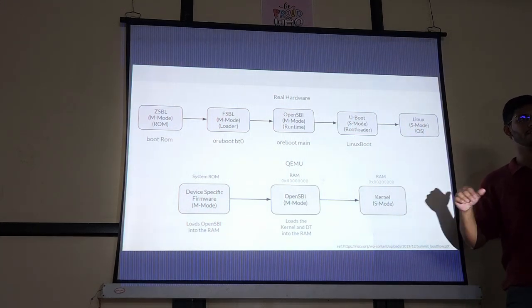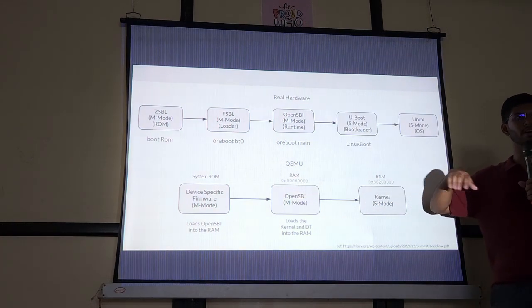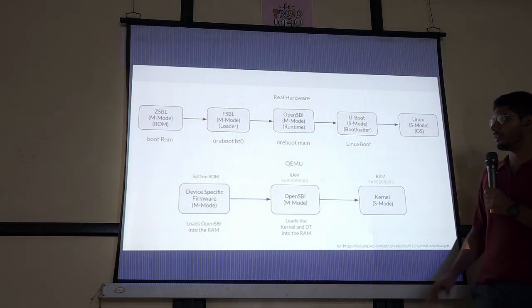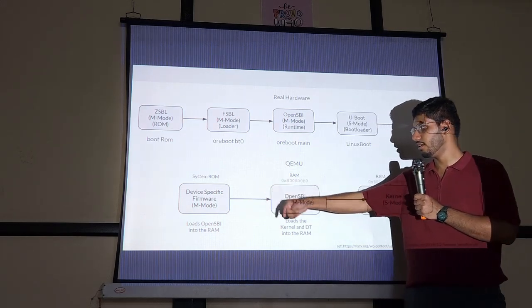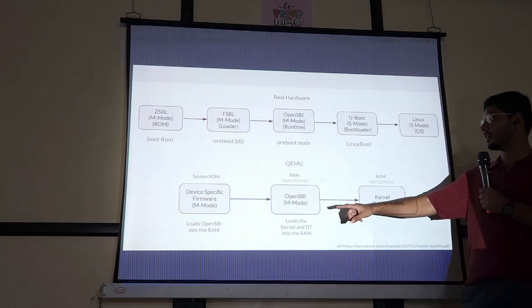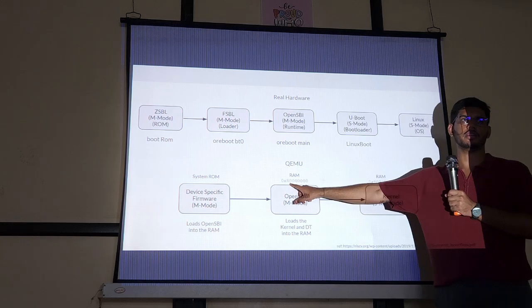But while developing things, we need virtual machines. So we use QEMU. QEMU is a quick emulator for RISC-V based SoCs. It acts as a RISC-V system, and it has device specific firmware which loads OpenSBI onto RAM, at a RAM address of 0x8 something.